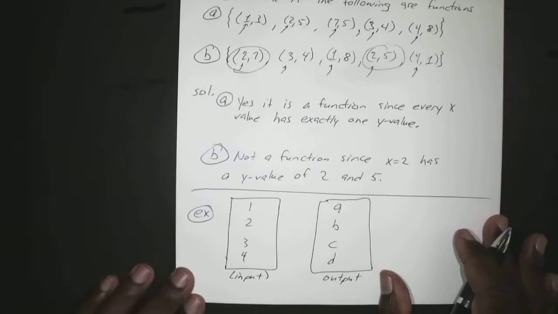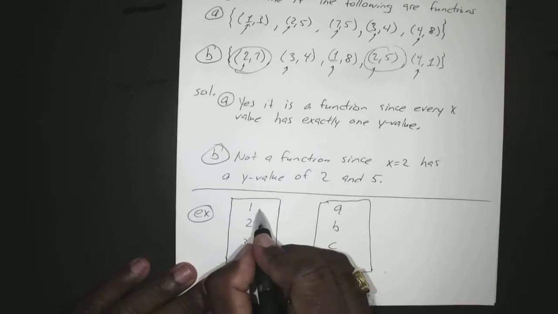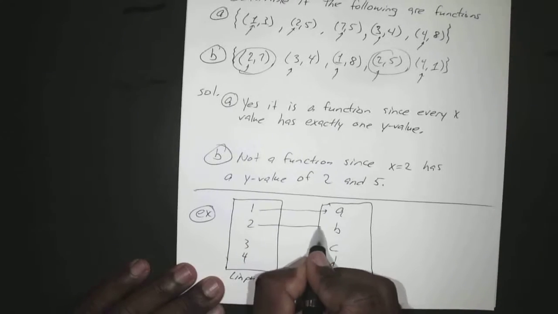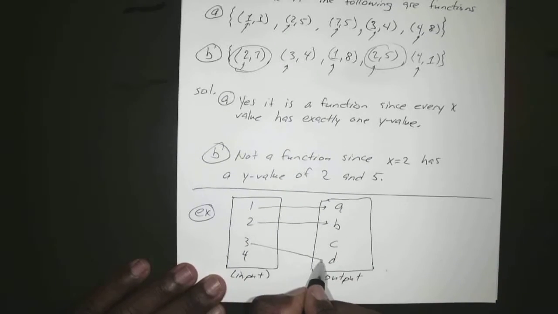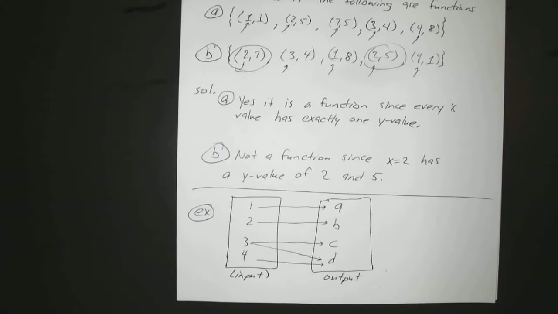Okay, so if you have this, it wouldn't be a function, because the input 3 has more than one output.